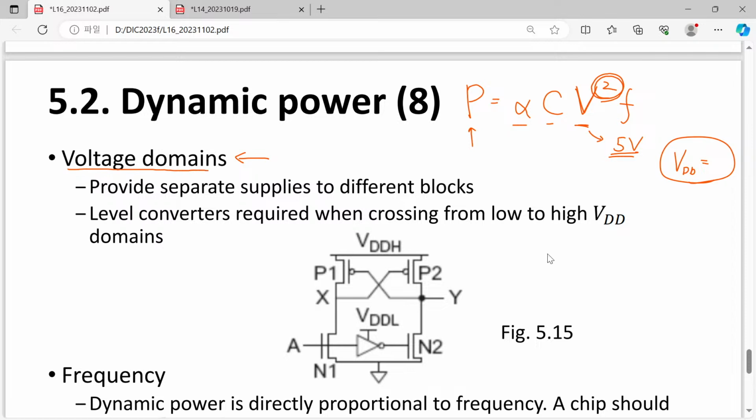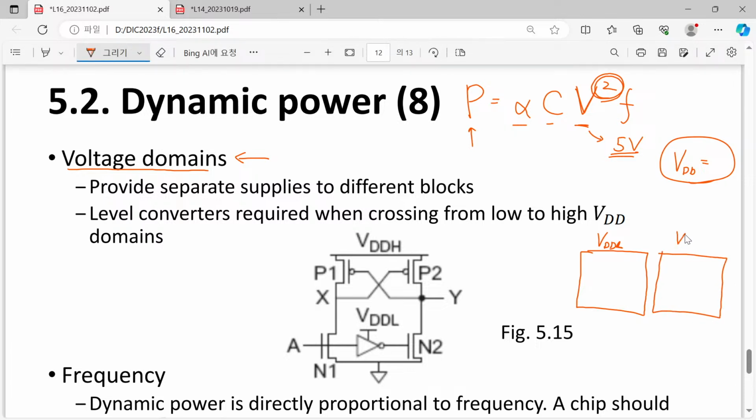Use of voltage domains means that for a certain part of our system we use a VDD which is relatively low, and we introduce another part where we have a relatively higher voltage.